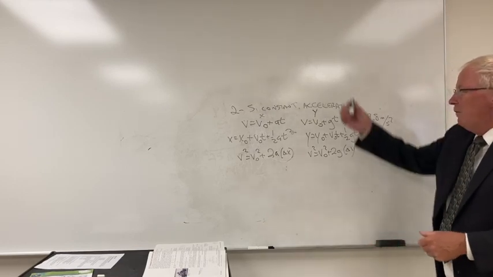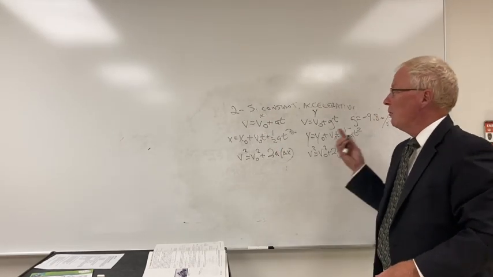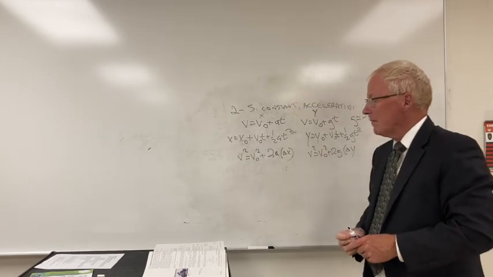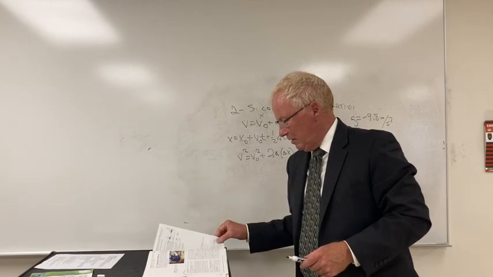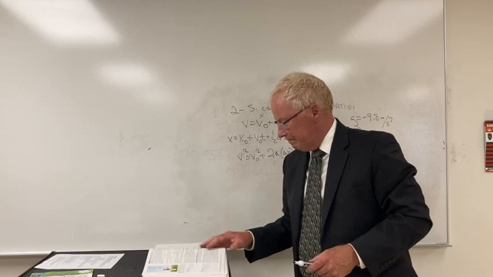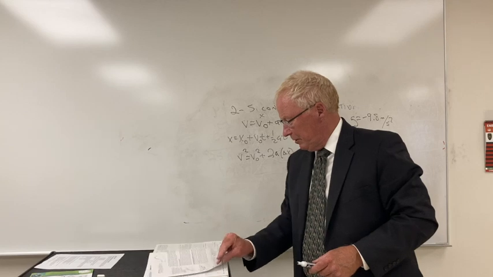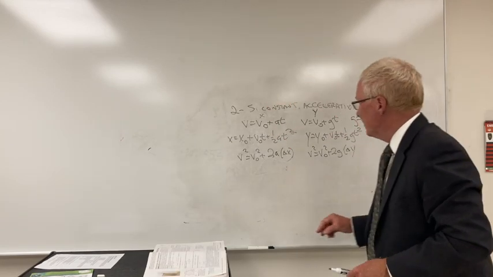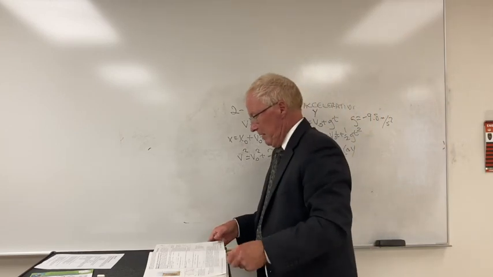So we talk about free fall, throwing something up, or something accelerating linearly, horizontally. Those are the problems related to that, and I went through examples of that, particularly in chapter 2.